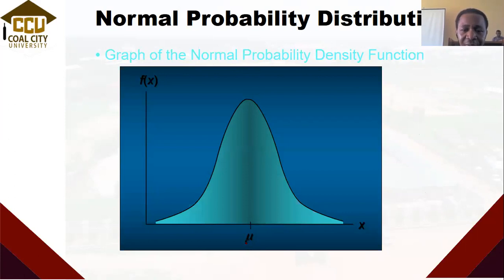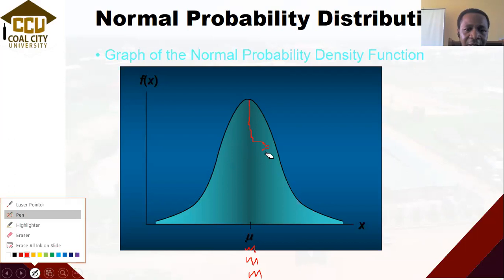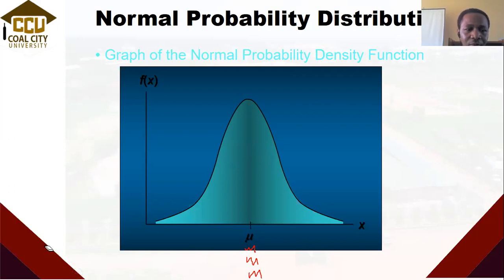As you can see, this is the mean, the mode, and the median. The three of them usually fall at the midpoint. On a standard normal distribution curve, they should fall at this point where it is highest.